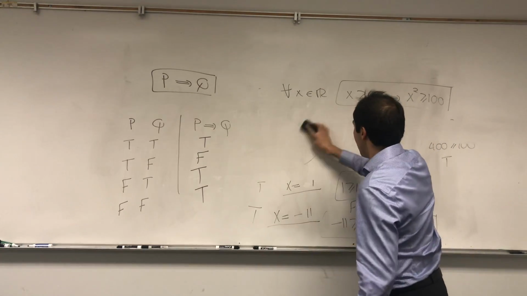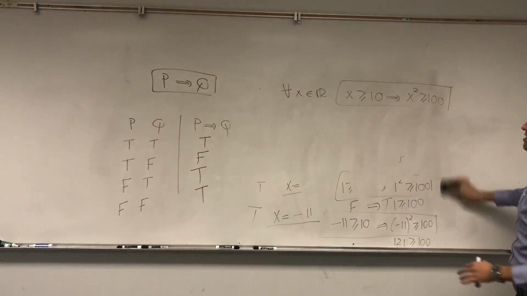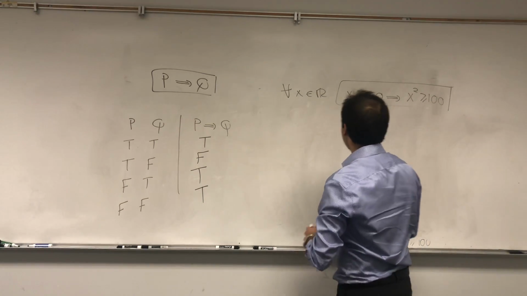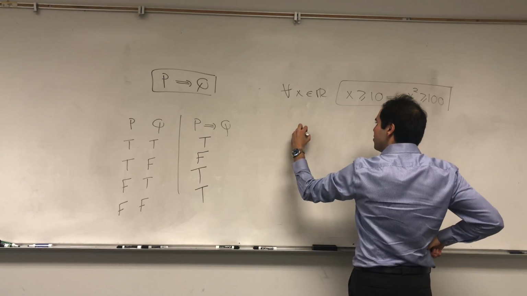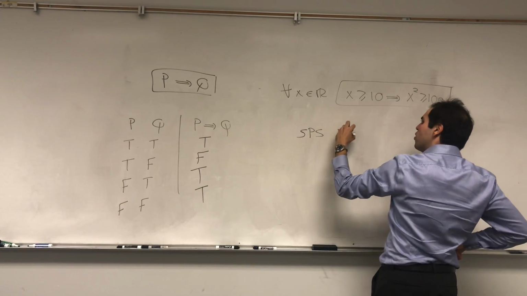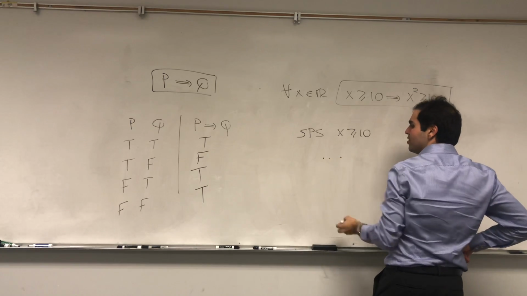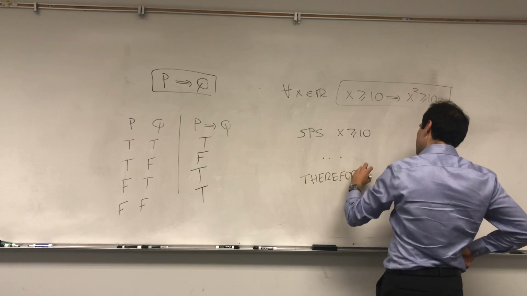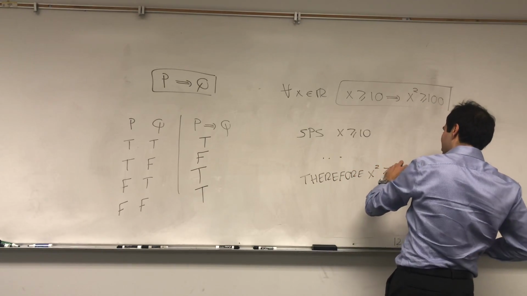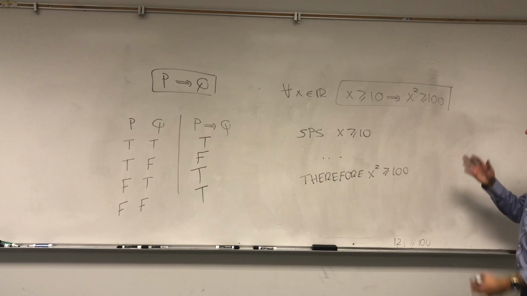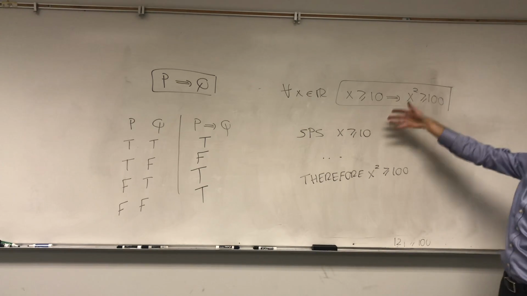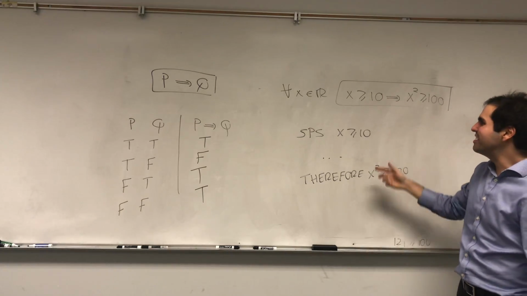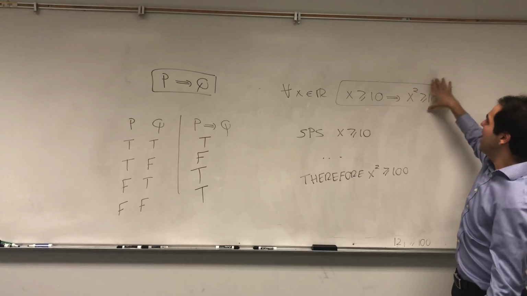For instance, if I ask you to show that if x is greater or equal to 10, then x squared is greater or equal to 100, you would always start by saying, suppose x is greater or equal to 10, you do something, and then you would say, therefore, x squared is greater or equal to 100. So, this is what's called a direct proof. 70% of the times you do this proof, where you just start with this and you show this is true.